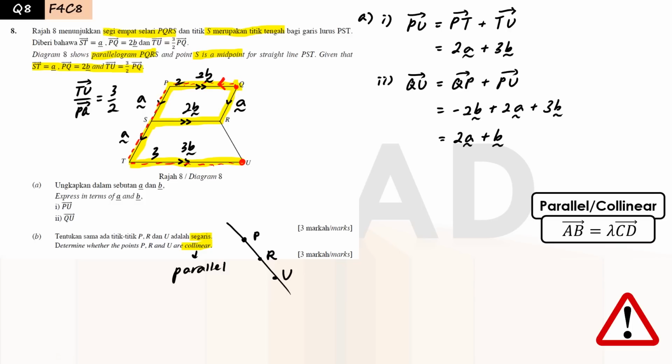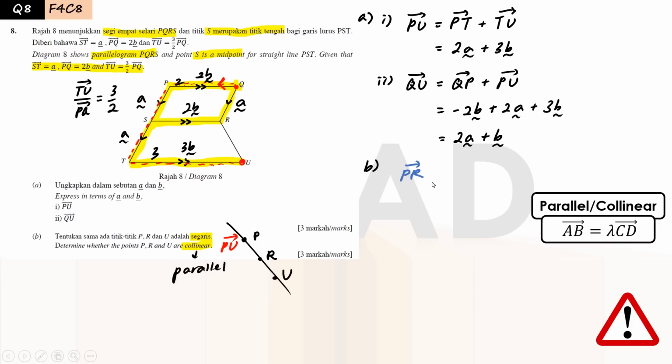Alright, so to use this, we need to have 2 vectors from this line first. Okay, so we already found one of them in part A, which is actually PU. Okay, because the 2 points here are actually within these 3 points. So we need to find another one.